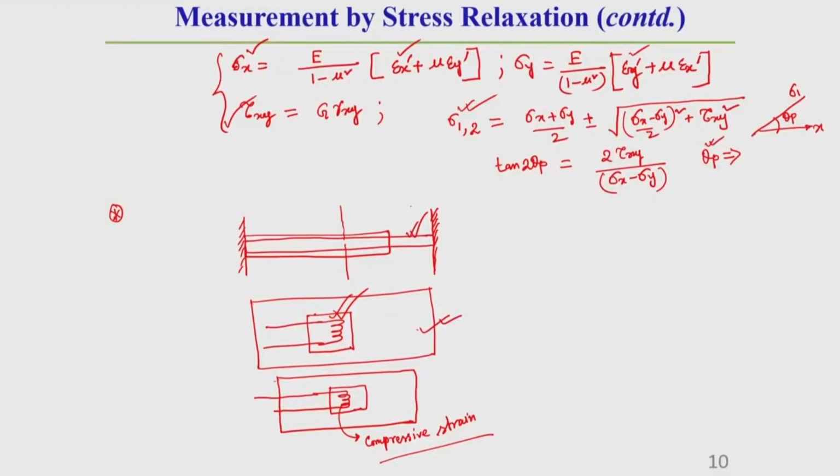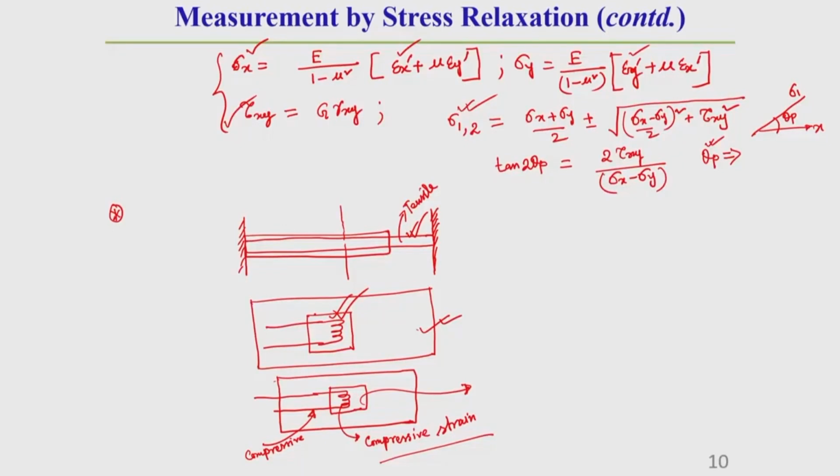So here one thing to keep in mind when converting the strain gauge reading to the actual residual stress. The residual stress is tensile in nature, but once we cut or release, the strain gauge measures compressive strain. So, to find the actual stress from the strain gauge reading, you have to apply the opposite sign.